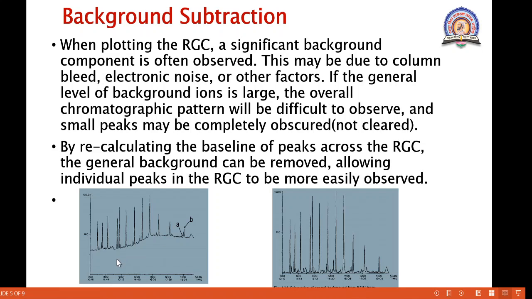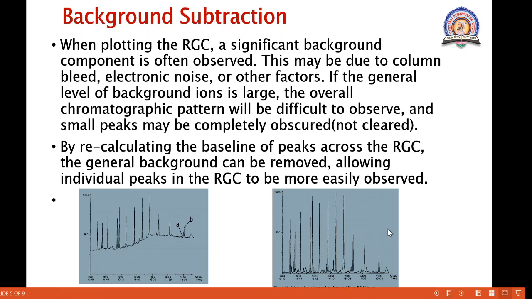By using background subtraction, we can subtract that background and get clear and resolved peaks. The subtraction was performed by giving a single command to the data system, and the original unsubtracted data are still stored in the computer. Only by giving the command to the data system, we are getting this spectrum.